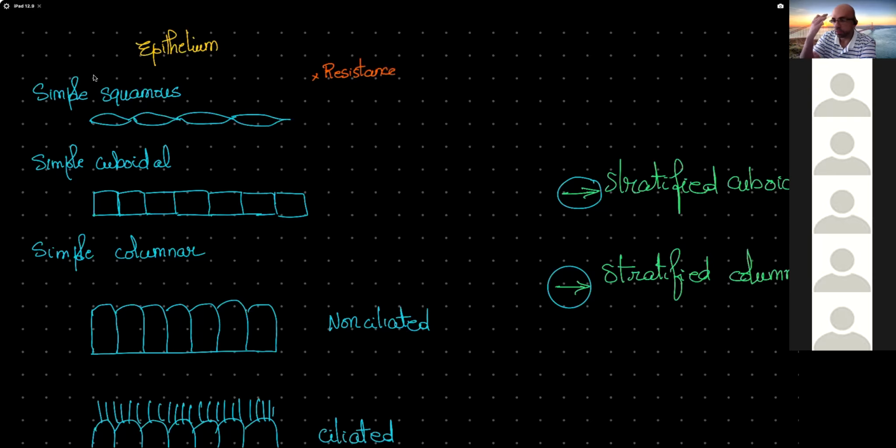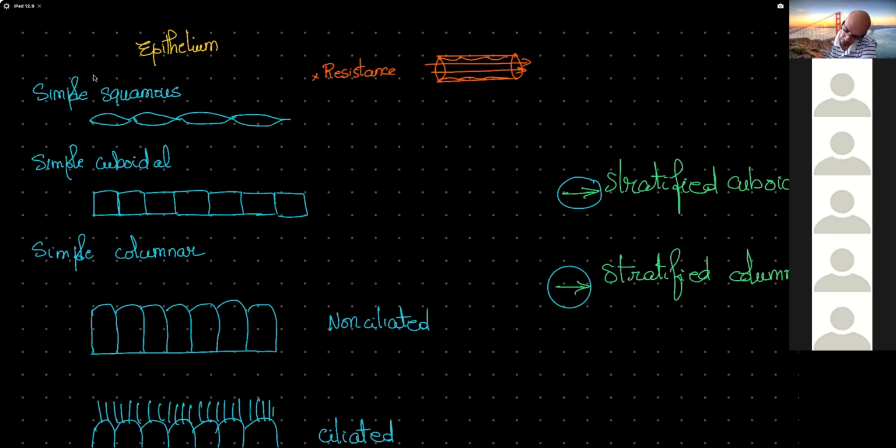So think of it, what are the sites that I need to have minimal resistance in? All right, so I will remember, yes, I did read that I need minimal resistance, or it's located in the blood vessels, lining the blood vessels. So I need minimal resistance against the blood flow. So simple squamous epithelium is lining my blood vessels.